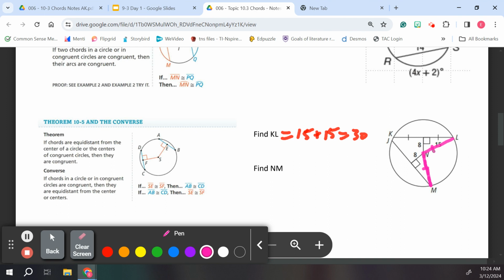So we have enough information here in order to find what this radius is. So we can state that NL is congruent to NM, and that's because all radii are congruent.